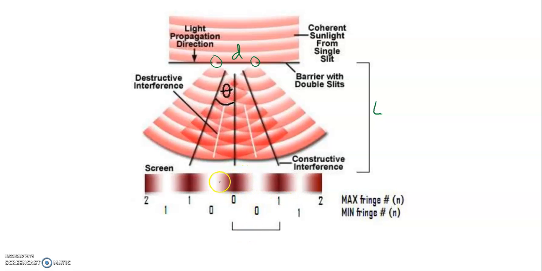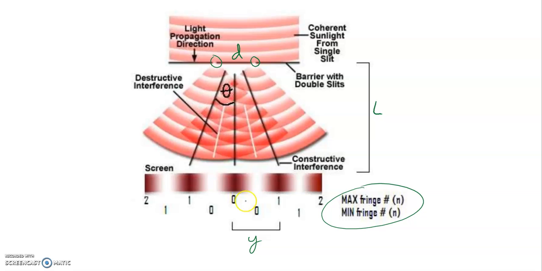Right here we've got bright light, and there's no light on either side. The distance between those bright spots is called the y value, the distance between maximums, or between minimums. And you can see they're numbered. That's called the fringe number, which is what count they are.